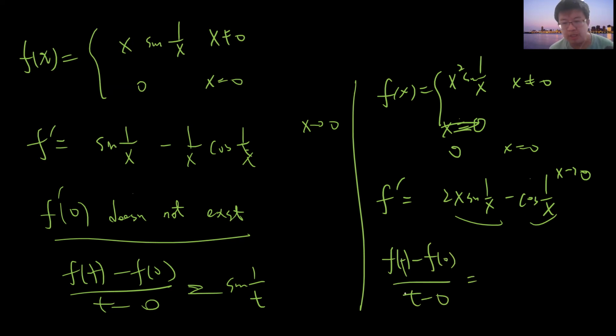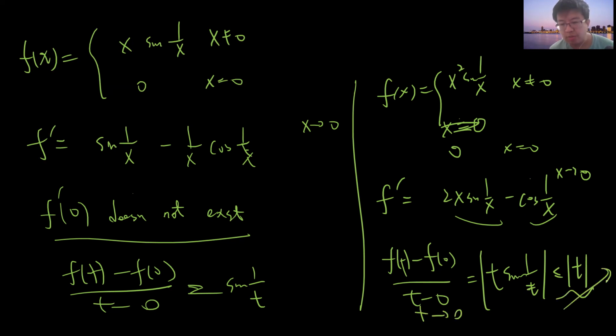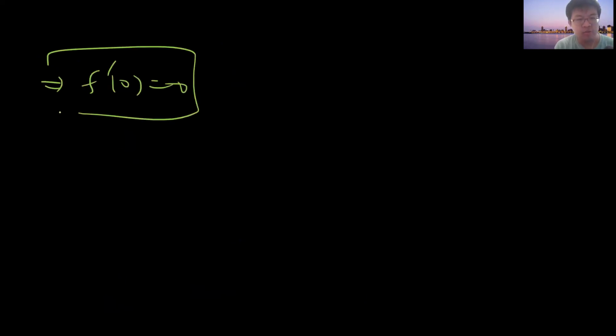If you write down the definition, you get f of t minus f of 0 over t, which is t sine 1 over t, right? And you can bound this by t. So by the squeeze theorem, as t goes to 0, this goes to 0, since it is bounded by t. So from this, you prove that f prime of 0 is 0.